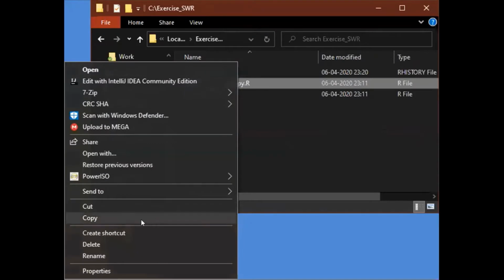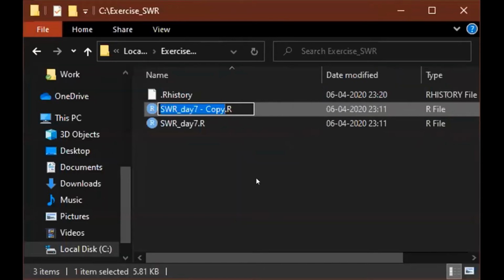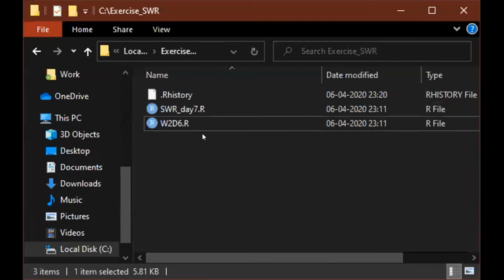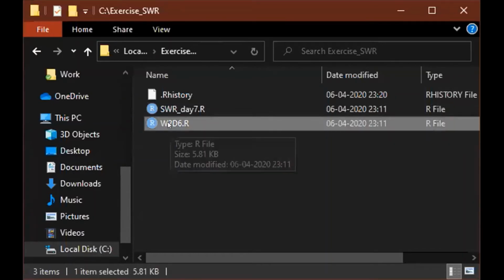So this is week 2 day 6. Name it week 2 day 6, and double click it.